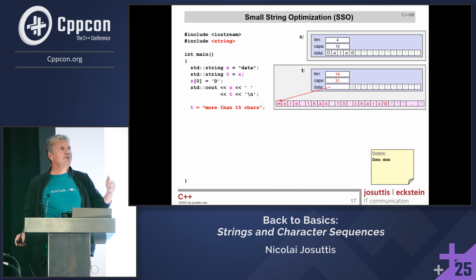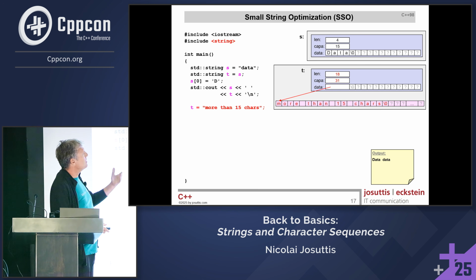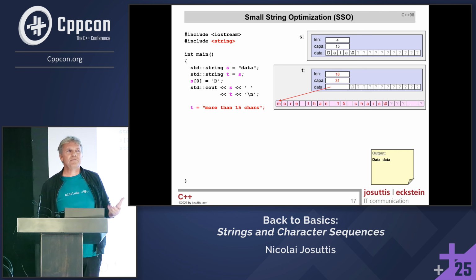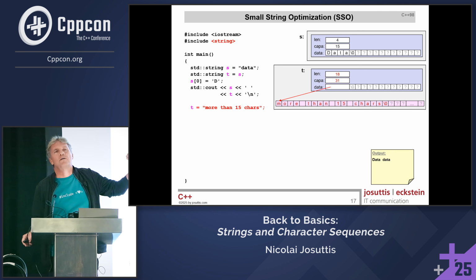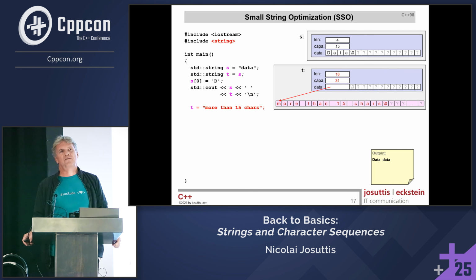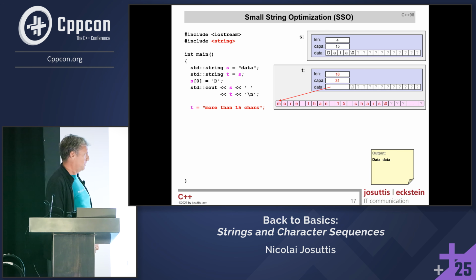So that memory is now reused for a different purpose. You see, the same 16 bytes are now used to store the address of the value of the string. That way, we don't need even more size just for an additional pointer.